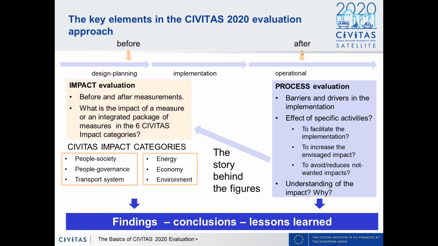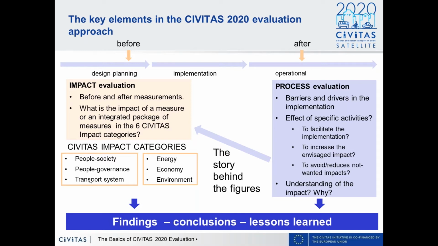Before, the CIVITAS measure was not implemented; after it was implemented, things hopefully did change. That's mainly what we call impact evaluation. The most simple thing is you do a before measurement, you do an after measurement, and you see what changed, and we try to understand the impact. Therefore, we already try to structure the possible impacts in what we call the CIVITAS impact categories, and you see them here on the slide.